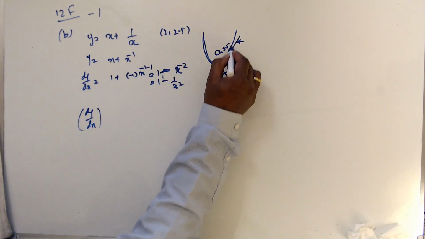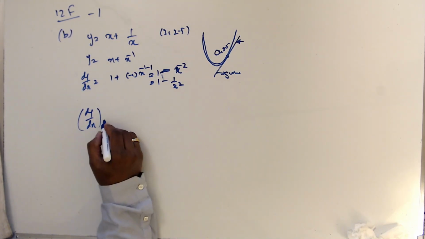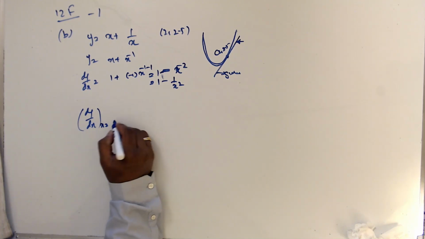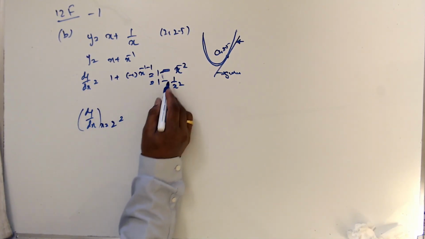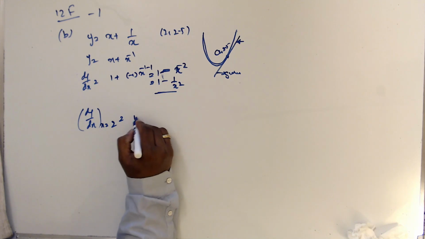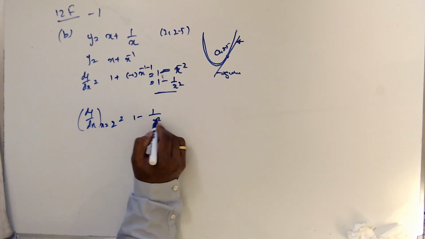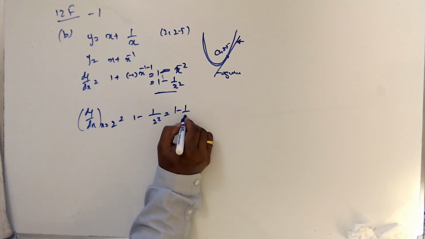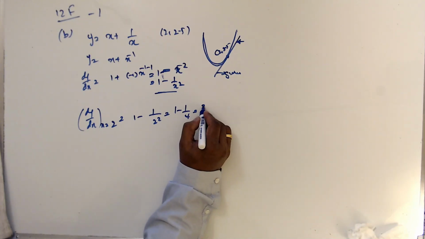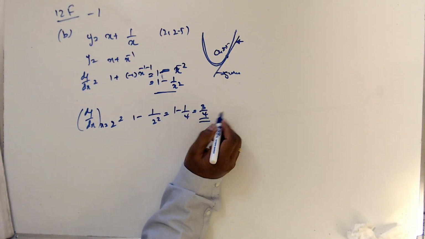Now let's find the gradient at x equals 2. 1 minus 1 over 2 squared equals 1 minus 1 over 4, which is 3 over 4.